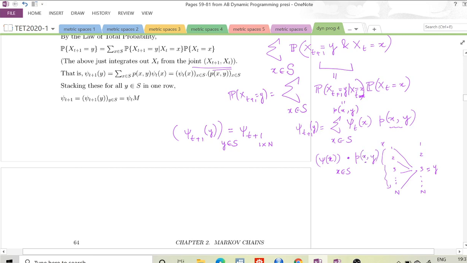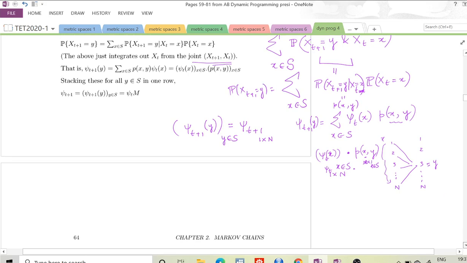The x again varies here across all possible states, right? So if I want to do matrix multiplication, I regard this as a 1 by n vector, and I can just call it ct, and I can regard this as an n by 1 vector. Okay, so what does that give me?